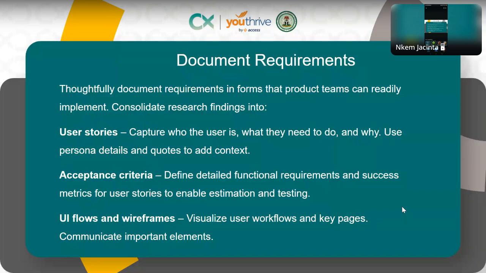All right. Acceptance criteria. Acceptance criteria defines the functional requirements and the success metric for a user story to enable estimation and testing. So acceptance criteria are things that you put to validate or check that the customer is able to perform that action.